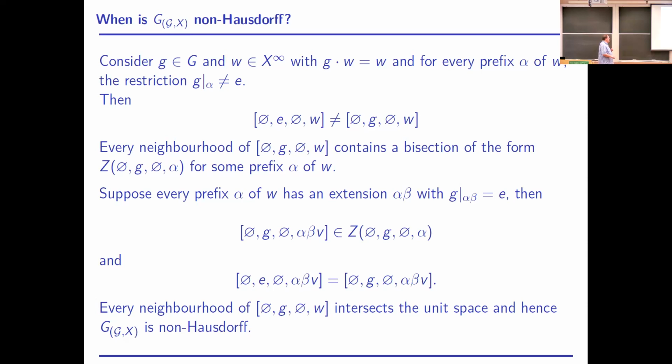But since G restricted to alpha beta is the identity, under the equivalence relation we defined, these two things are actually the same. So this thing is actually a unit. So these two groupoid elements are equivalent. And so in this case, where every prefix of W has an extension that sends G to the identity, every neighborhood of GW intersects the unit space, and hence G is going to be non-Hausdorff.